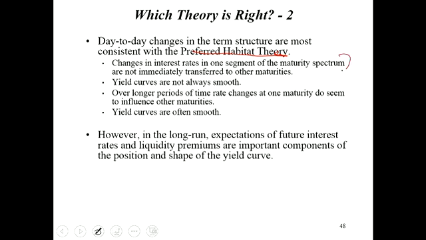You do get movement between one segment and the other, but they can be slow. But most of the time those yield curves are smooth. You very rarely see a major discontinuity in the yield curve. And if you think about it, a discontinuity represents an incentive either for a lender to move or for a borrower to move maturities. And that will tend to smooth things out.